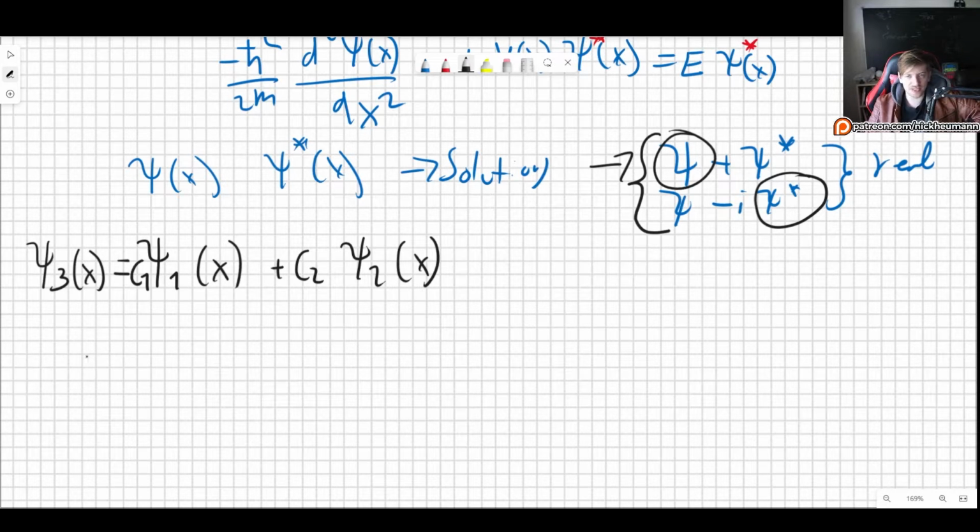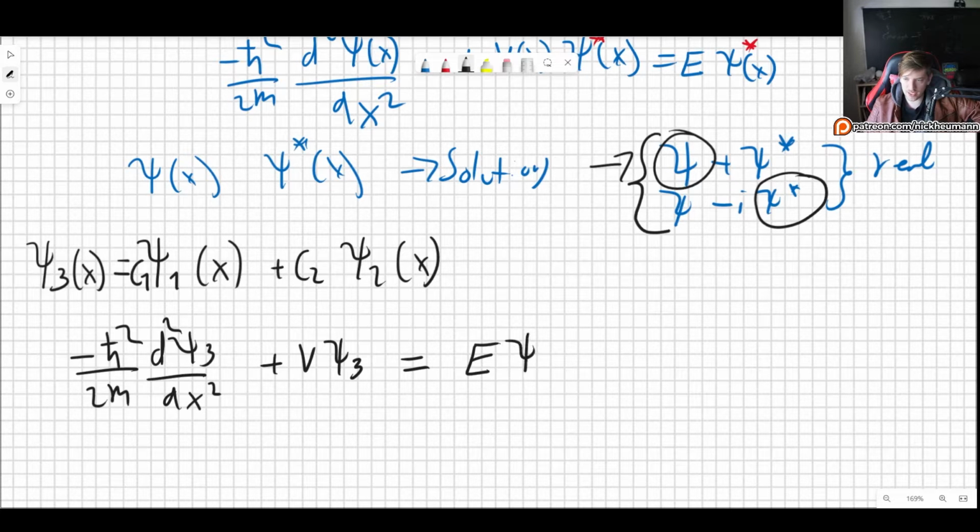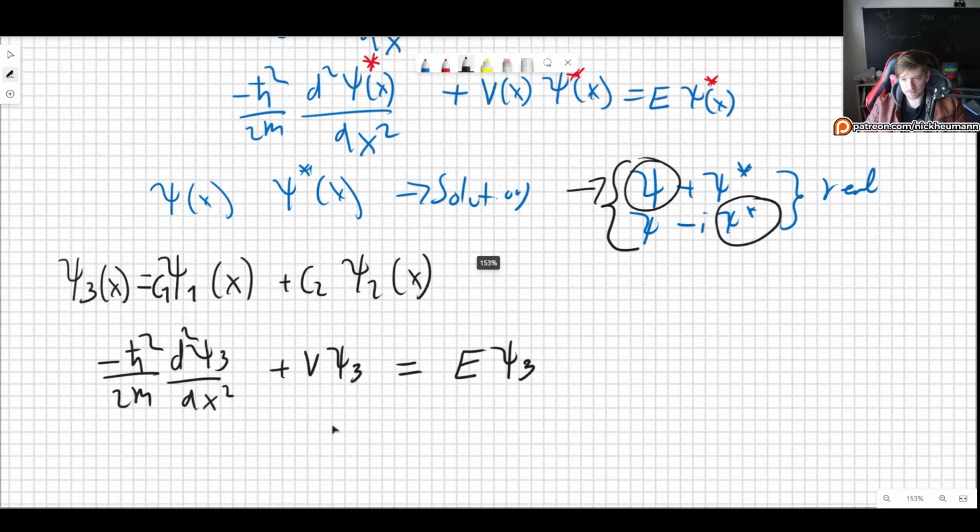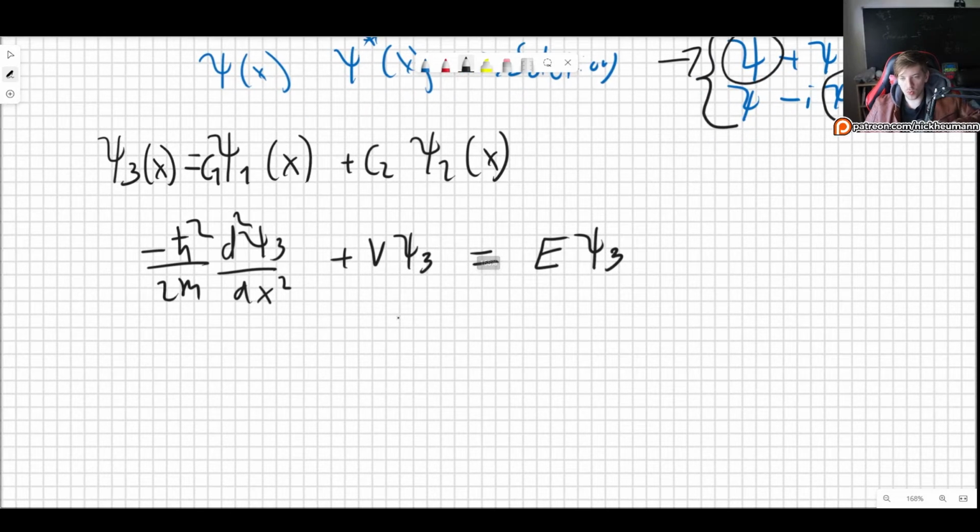So let's insert this into the Schrödinger equation. Minus h bar squared over 2m, and we take the second derivative of psi 3 with respect to x, plus the potential times psi 3, is equal to the energy times psi 3. Now let's insert what psi 3 is, a linear combination of these. If psi 3 is also a solution, we should see that this ends up being true.